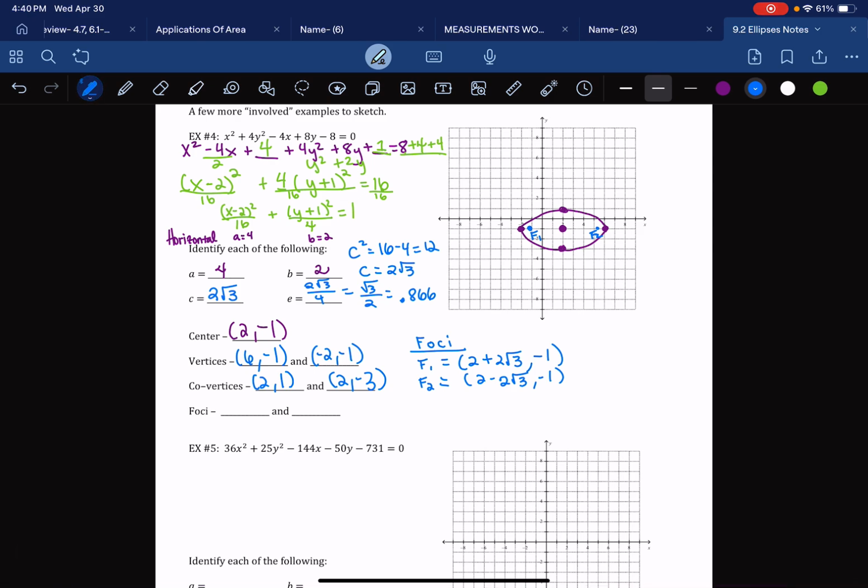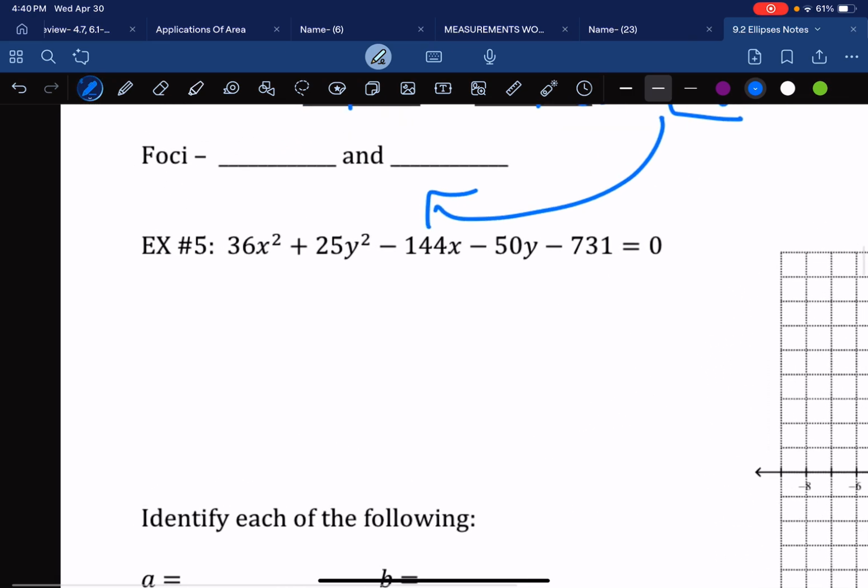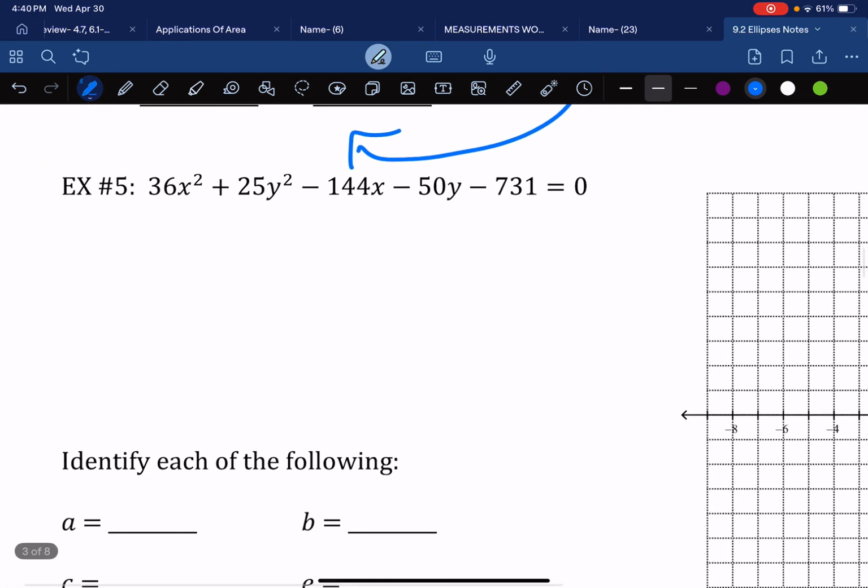All right, let's do example 5. Oh, I should have written those here. Please forgive me. All right. Let's rewrite this. So first step, rewrite. So we go 36x squared minus 144x.